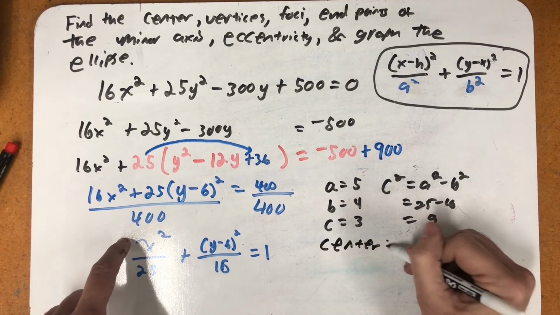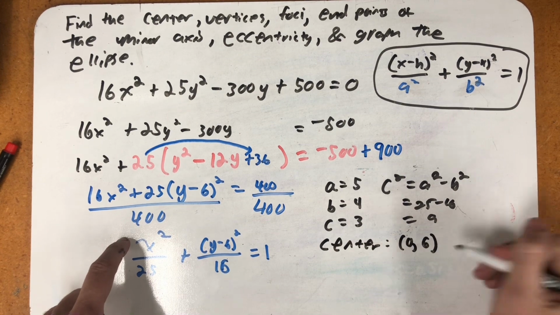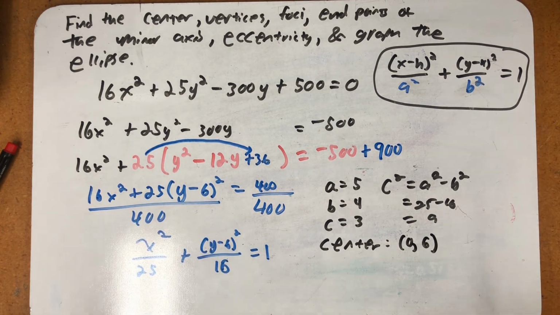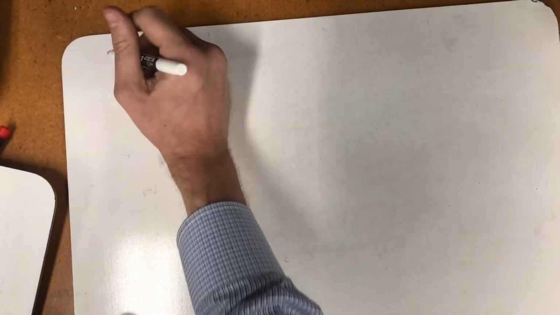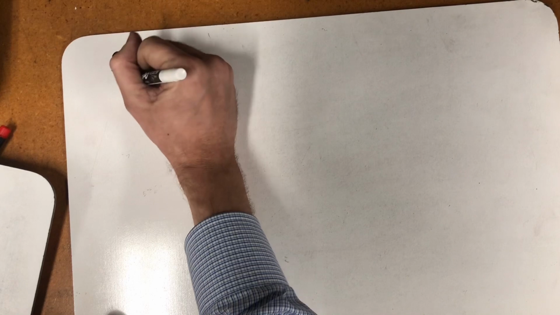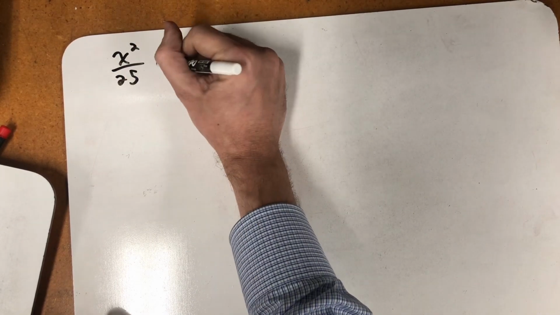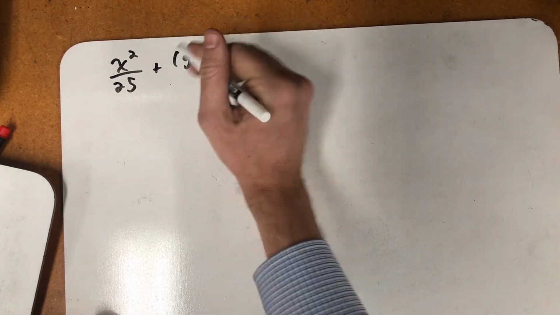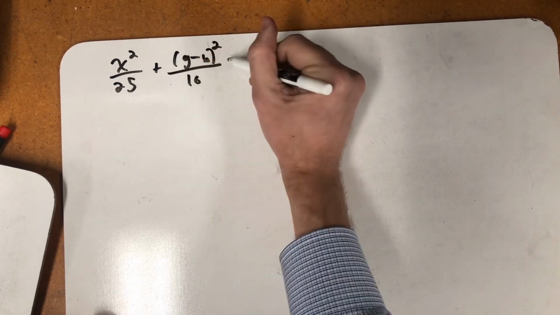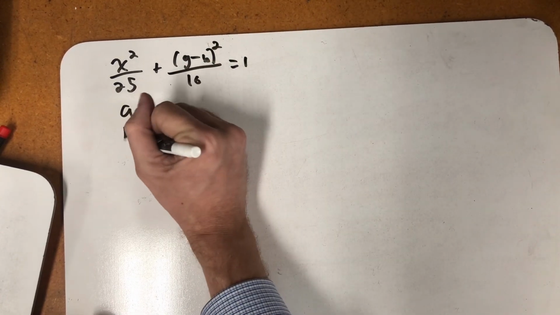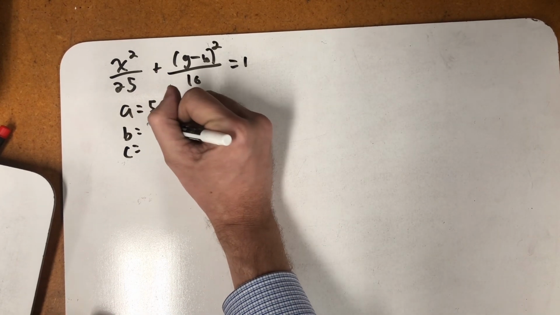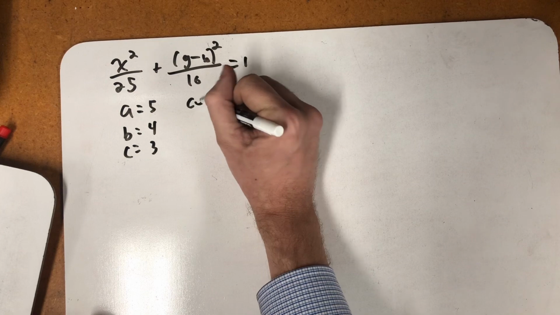And the center is going to be at 0, positive 6. Now we know everything we need to graph this ellipse. So I'm just going to write down the formula we're looking at right now that we've simplified this into, the values of a, b, and c that we found, and where that center is.